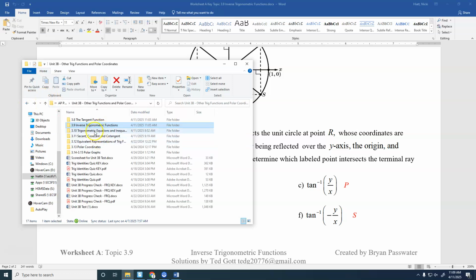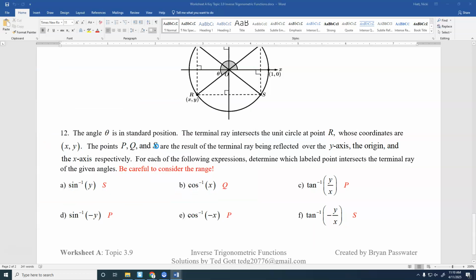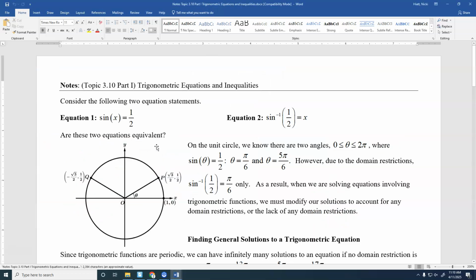Let me pull this up. Let's start on... Okay, so let's talk about the equation that we have here, sine of x equals 1/2, and the equation sine inverse of 1/2 equals x.